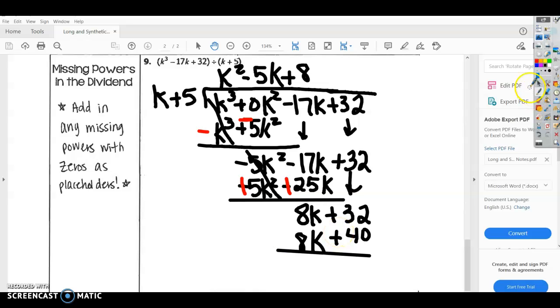So again, I'm going to subtract, and that brings me to negative 8 as my remainder.